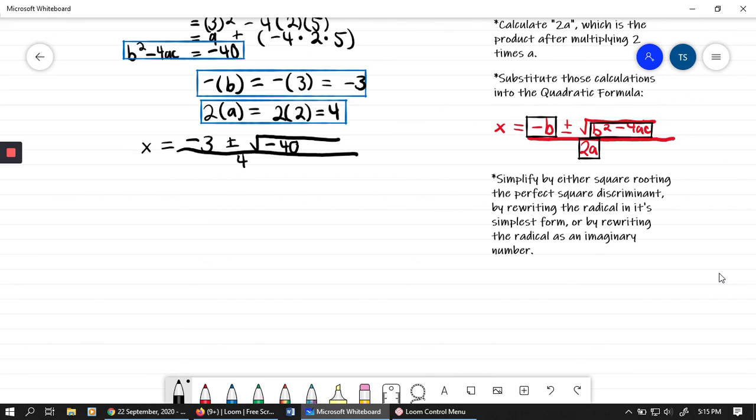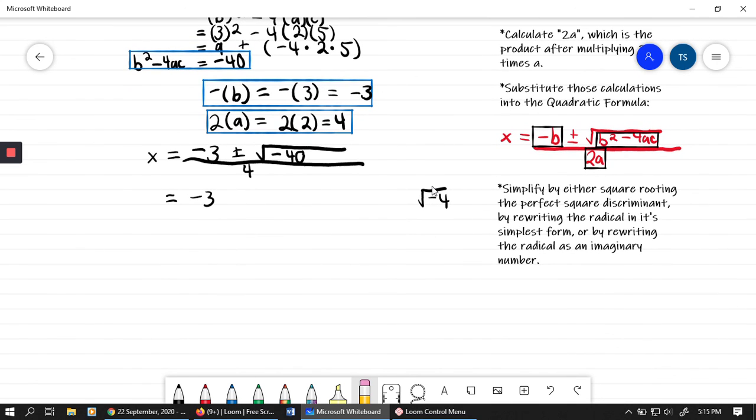When we rewrite this radical as an imaginary number, remember that the square root of negative 40 is the same thing as the square root of negative 1 times the square root of 40.